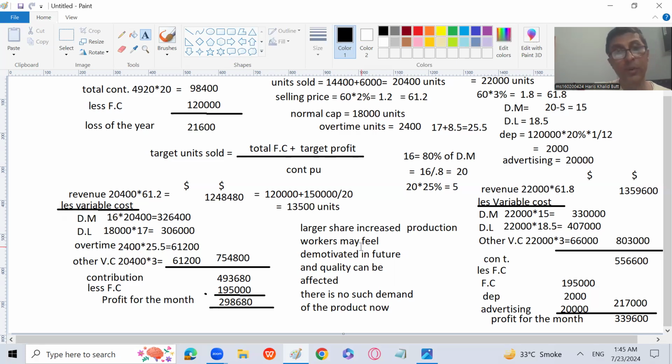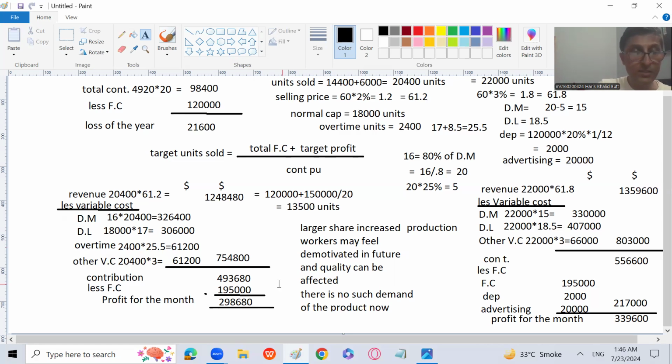In option B, we are selling more units. 1,600 more units have been sold. Profit has also increased by how much? Let me calculate. 339,600 minus 298,680. That is 40,920.